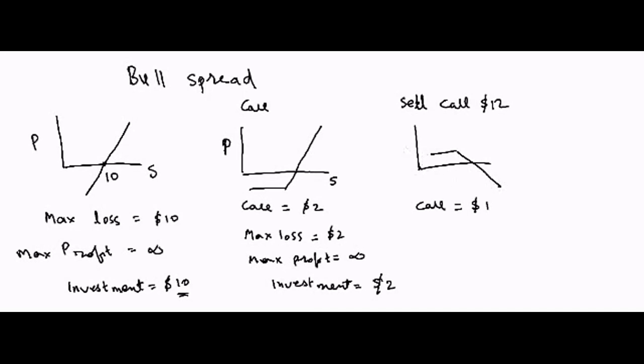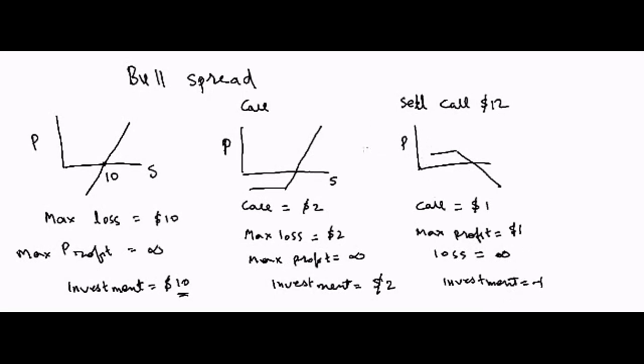Your max profit in this case is equal to $1, and the loss is equal to infinity. So you'll have a lot of loss in this case, but your investment is equal to -1, because you are getting $1, not investing anything.